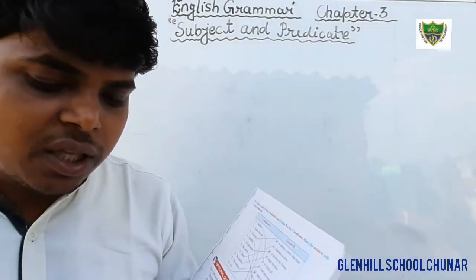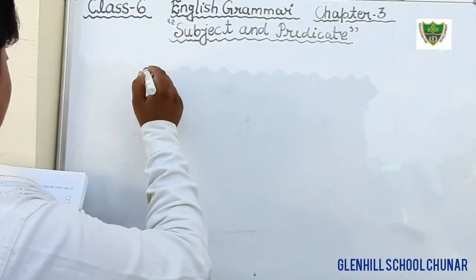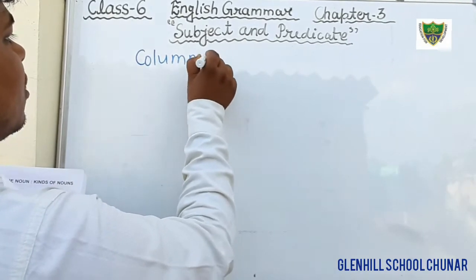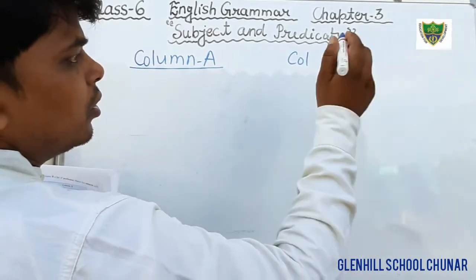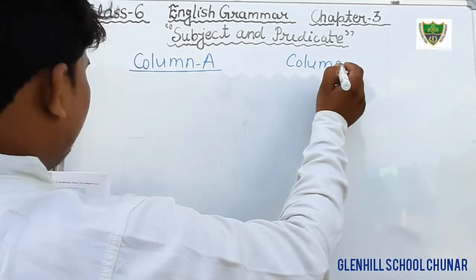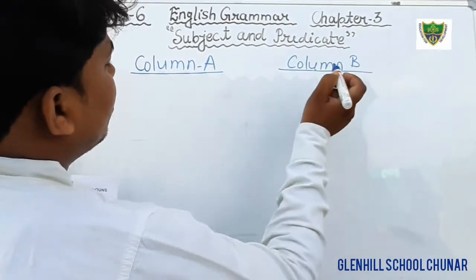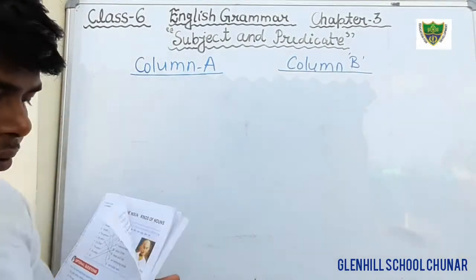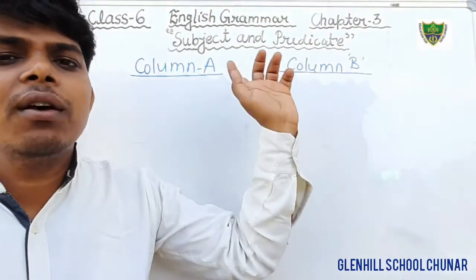Just see here, dear students, there are two columns in our question: column A and column B. In column A, the subjects are given, and in column B, the predicates are given.